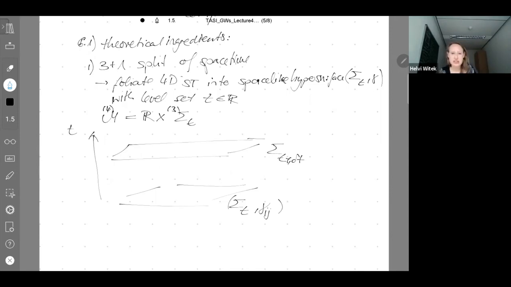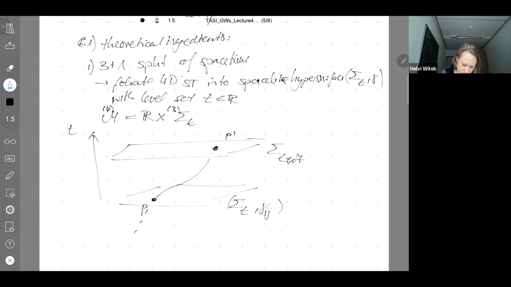And now the first thing that we need to think about is how we would propagate a point on our first hypersurface to the equivalent point on the next hypersurface. Let me call this P, and the next one here P prime, right? So this would follow some kind of line here. Now what we introduce to describe this is the following.